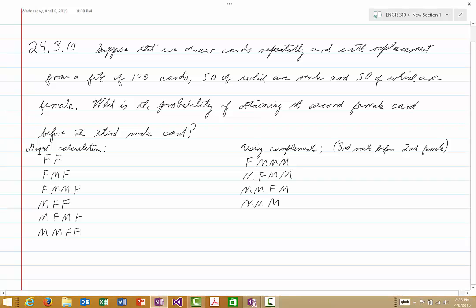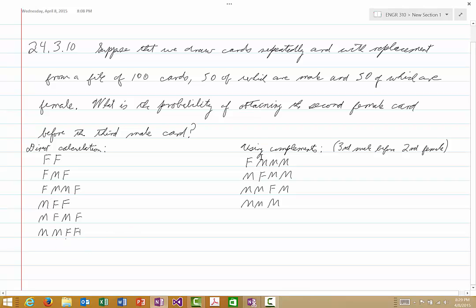So let's see here. I can't think of any others here. I believe that this is it. I believe that these are all of the possibilities for the direct calculation.